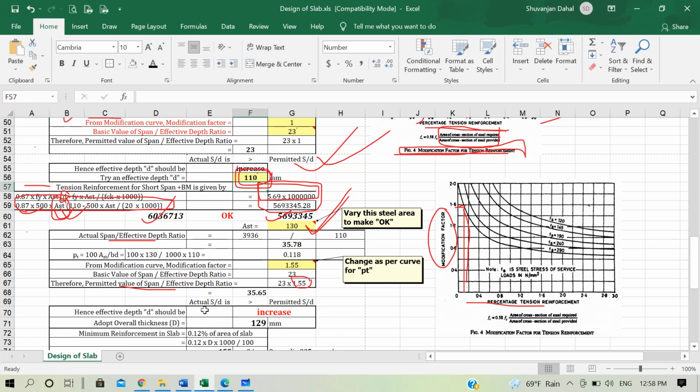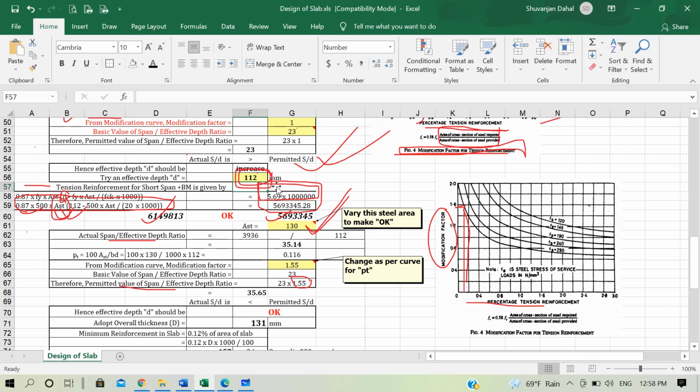Still, it is asking for the effective depth to increase. Let us say 112. Now it's okay. So you have to see that our actual span to effective depth ratio is lesser than or equal to the permitted value.